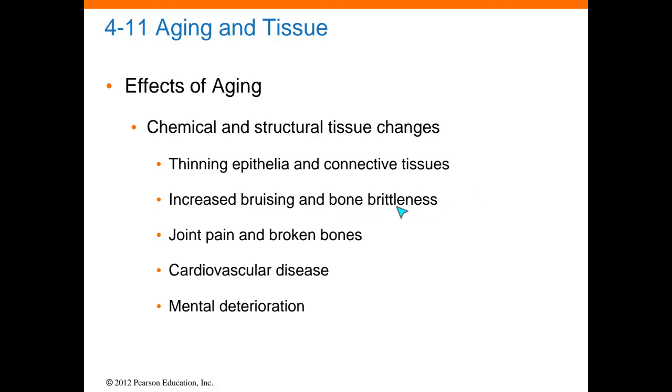So like a bone tissue will thin out. And so once it thins out and we lose a lot of calcium on there, the bones will become so brittle, and so it's easy to break those bones. Okay. Joint pain and broken bones. Okay, that's from thinning out of bone tissue.